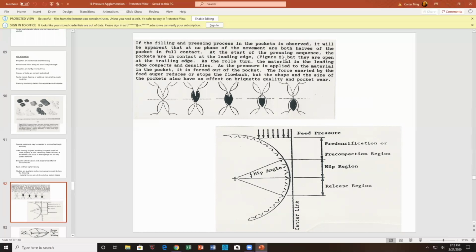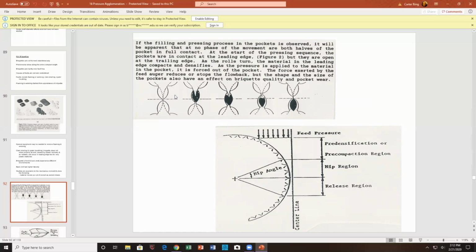At the start of the sequence, the pockets are in contact at the leading edge. So here's the leading edge. They are open at the trailing edge. So this is the trailing edge. As the roller turns, the material in the leading edge compacts and densifies.